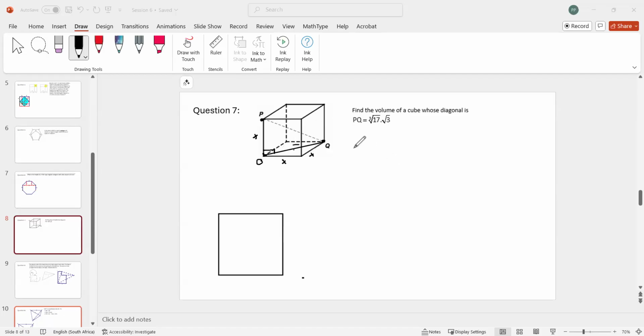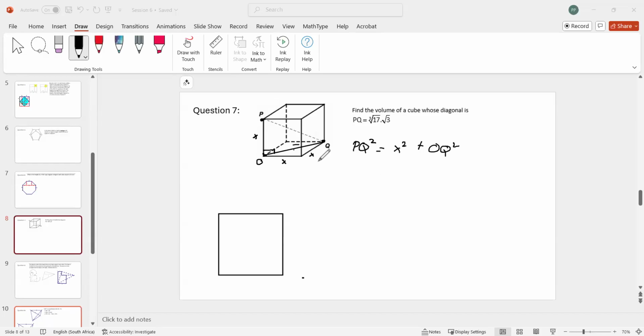So this PQ squared by Pythagoras is x squared plus OQ squared. Right? Because this triangle is a right angle triangle. So PQ squared is x squared plus OQ squared.